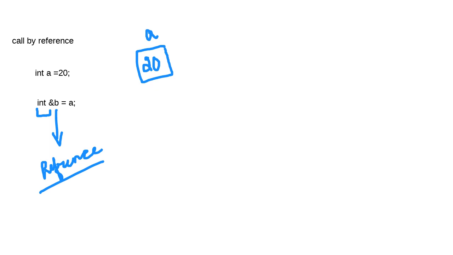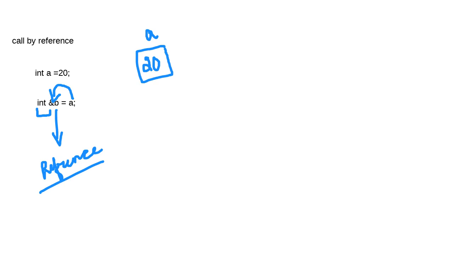Can I say int ampersand? Right? So because the type is int ampersand, b is called a reference variable. And whose reference is it containing? It is containing the reference of variable a. Right? In other terms, actually, I am passing the address of a to, or forget this thing.